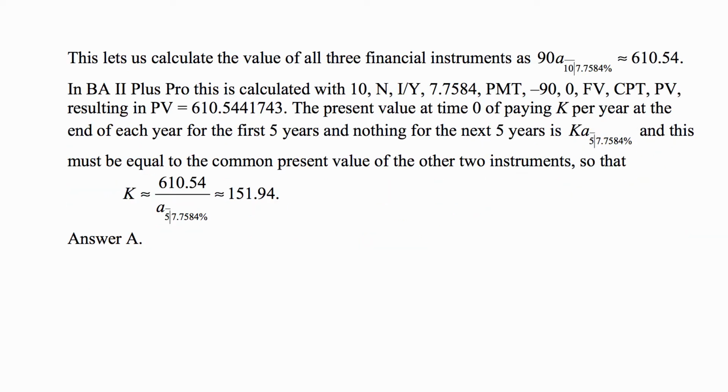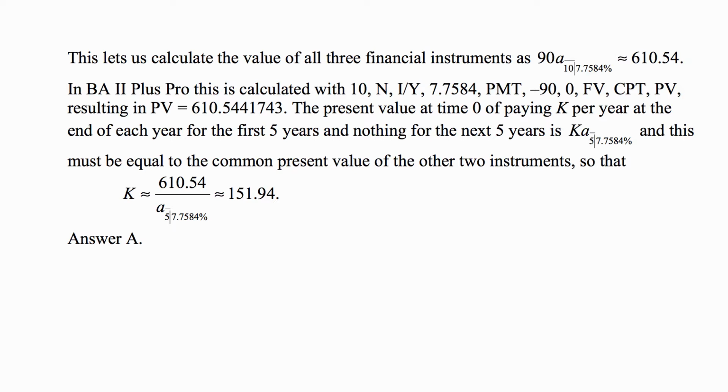This lets us calculate the value of all 3 financial instruments as 90 a angle 10 at the interest rate 7.7584%. That's a value at time 0. And that's approximately 610.54.